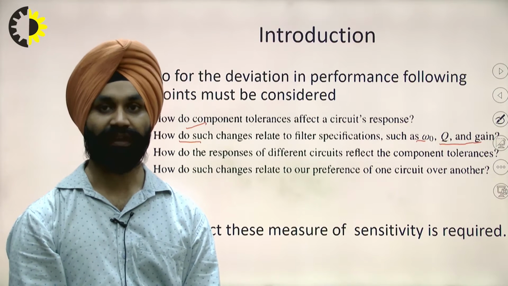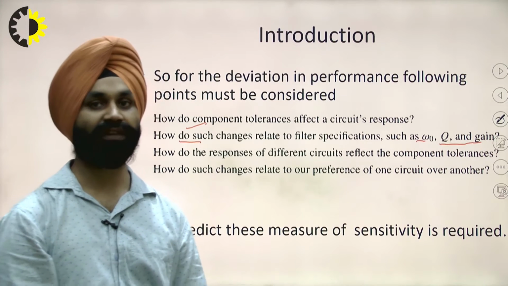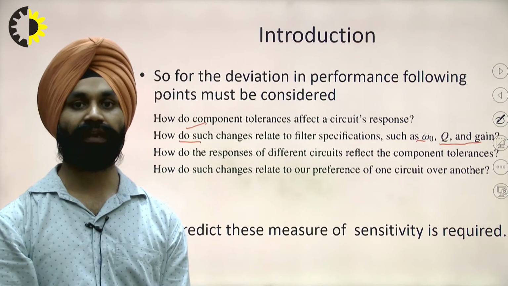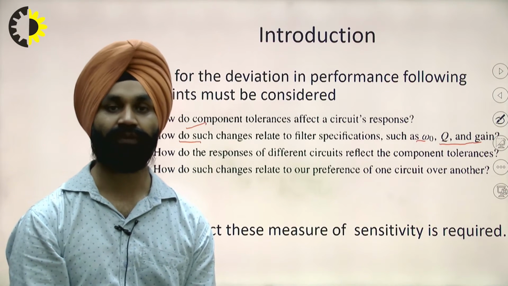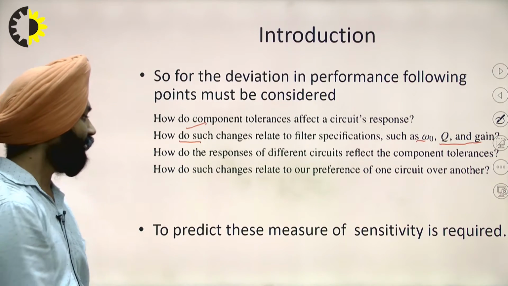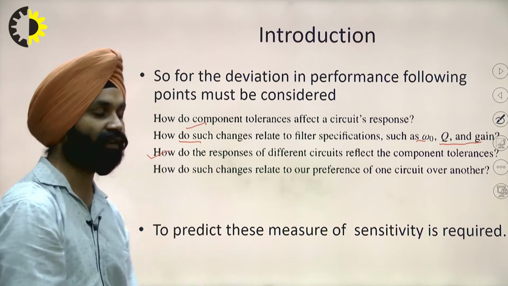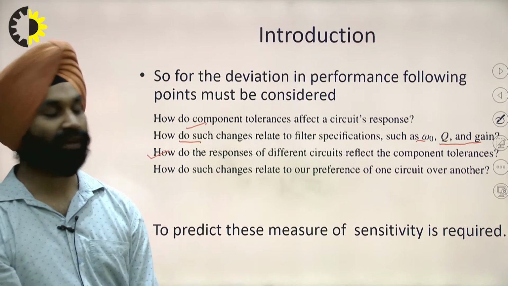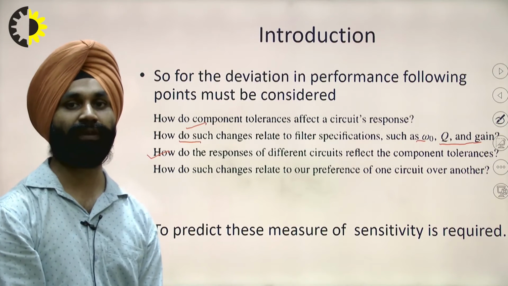Or if they are changing any value of these specifications, we have to take its value into consideration. Then we have to find how the response of different circuits reflects the component tolerance.